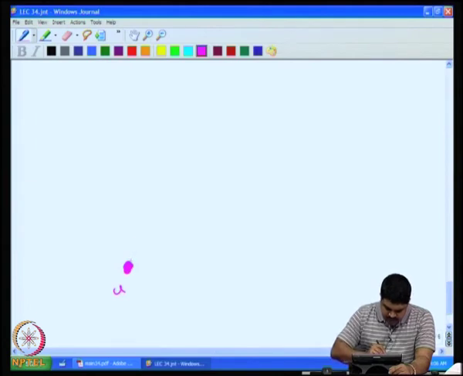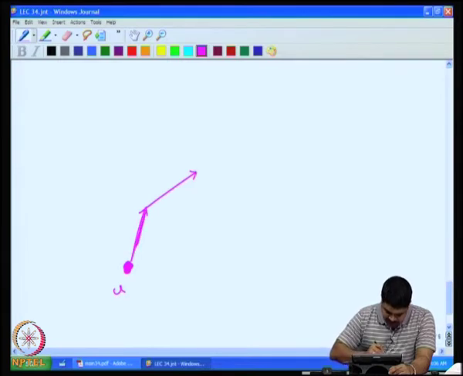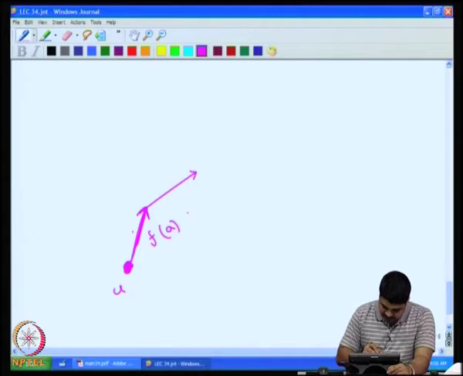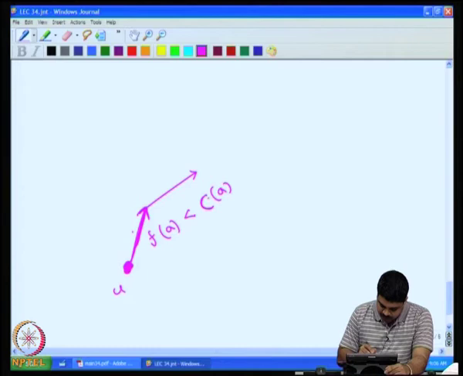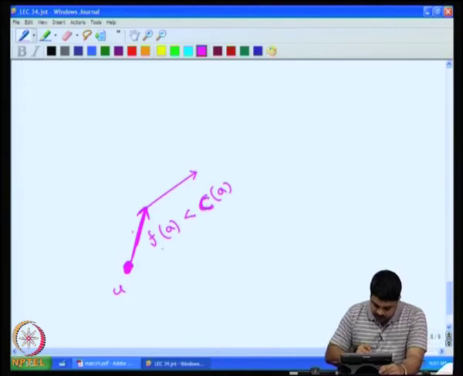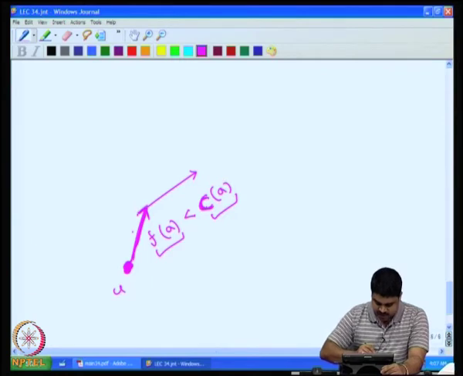We will consider any path starting from u. If it is a forward arc, we will see whether the current value f of this arc a is strictly less than the upper bound, c of a. If so, it's okay, it's an admissible arc.